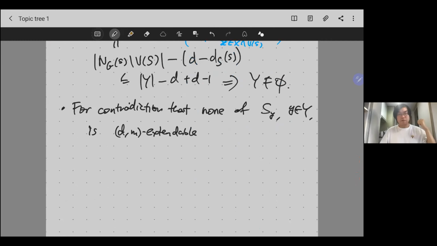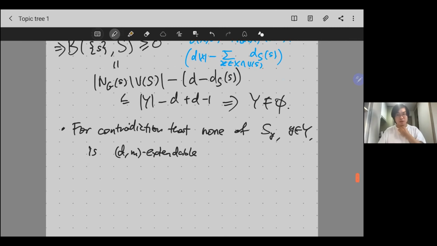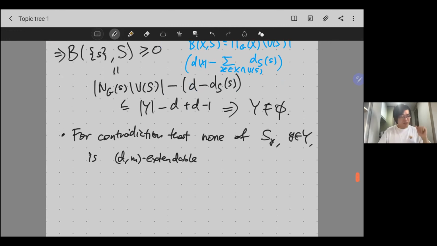What does it mean, first of all, by this assumption? Not being extendable means some small set whose balance falls negative. Being nice means all the balances of small sets are non-negative, so not being nice means some set is negative.